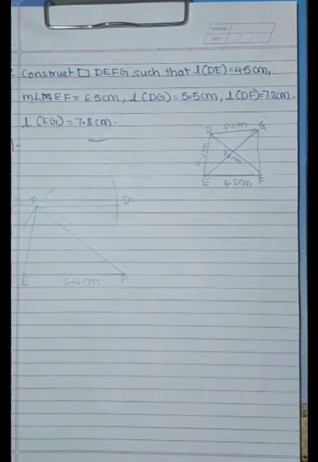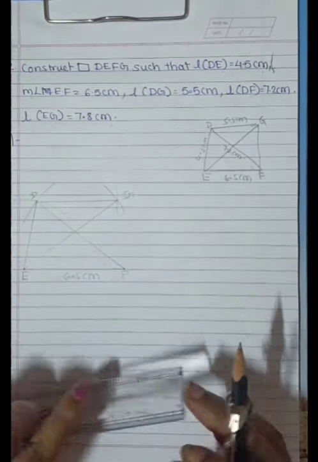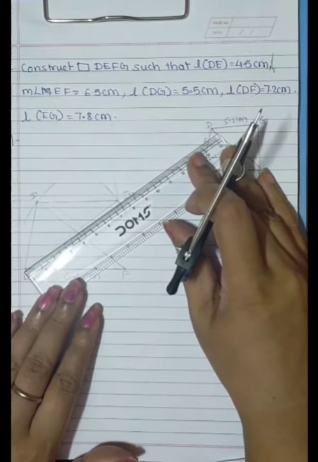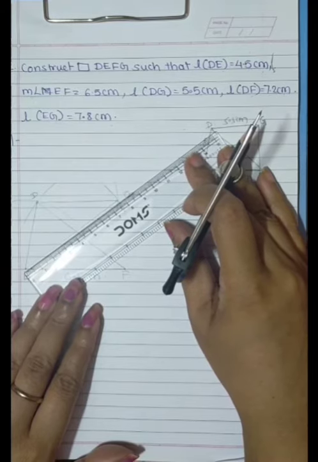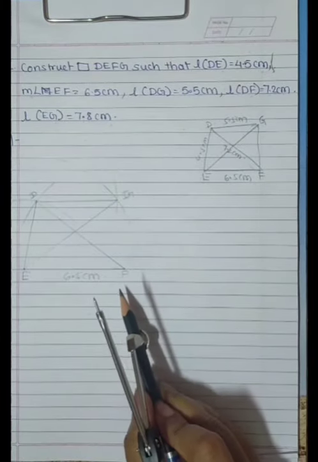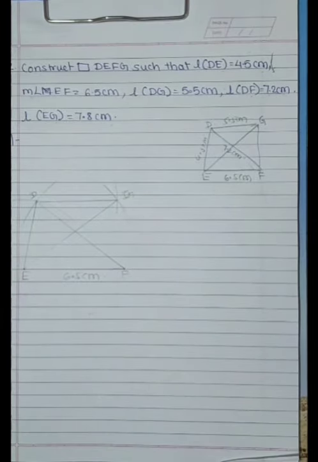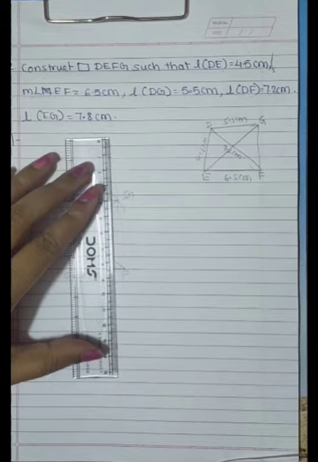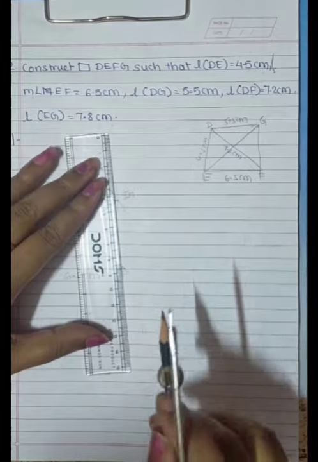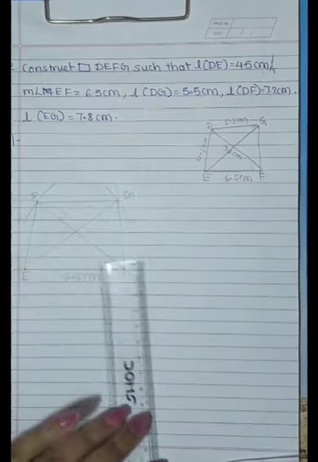Okay, now again, we have joined EG, which we took 7.8. This is our EG. Okay, now what is given? GF is not mentioned, so we are going to join this G with F.